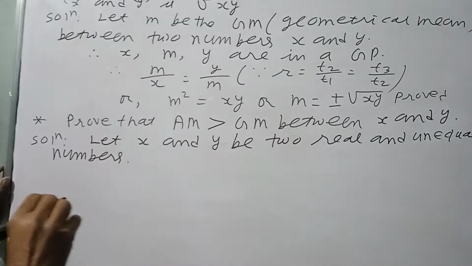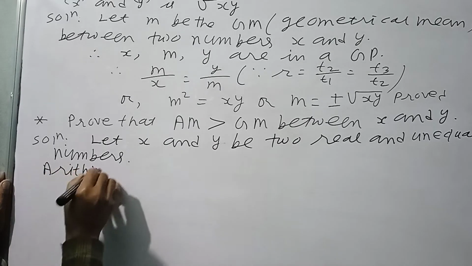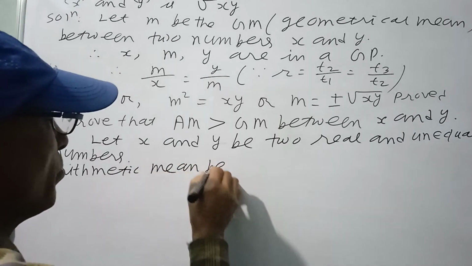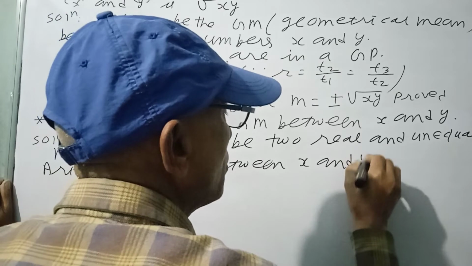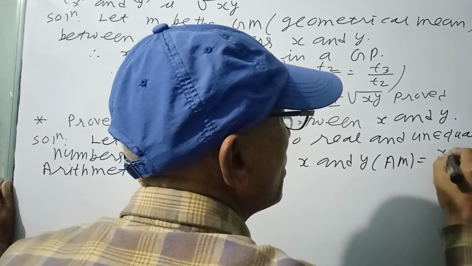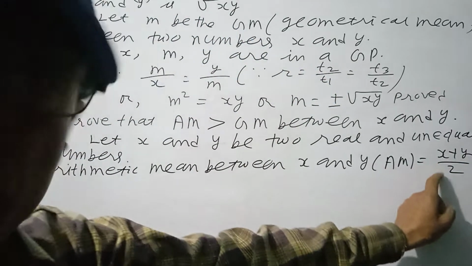Then what happens? What is the arithmetic mean between x and y? AM equals x plus y upon 2. If you take A and B, A plus B by 2.